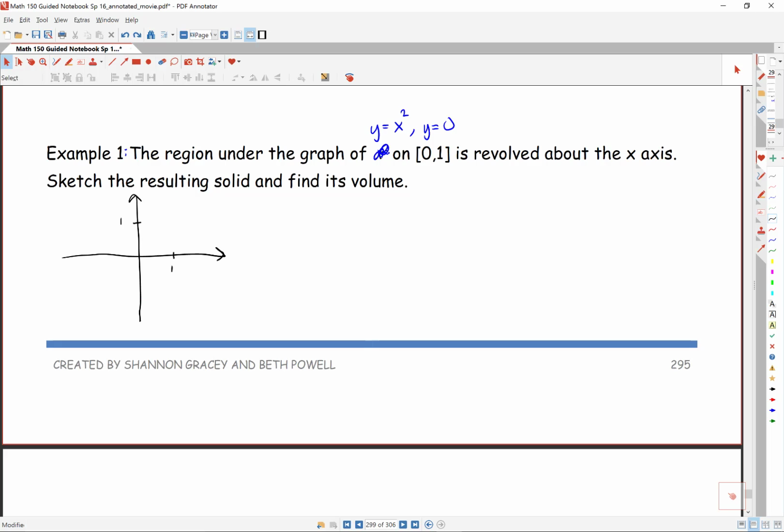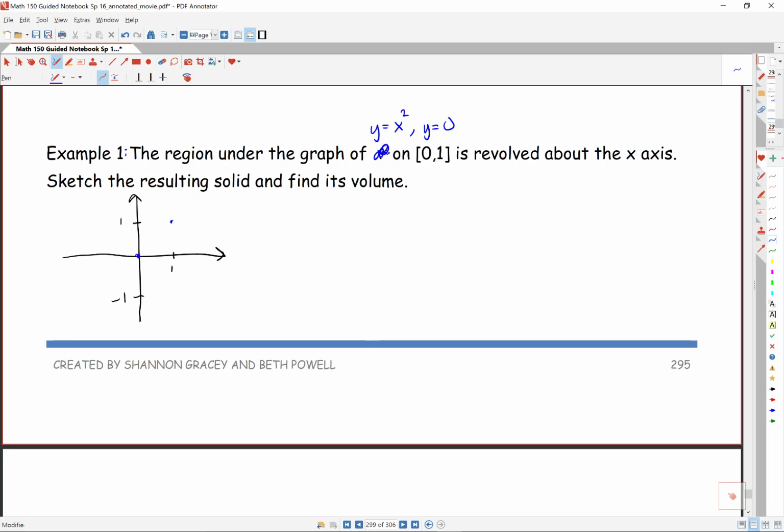So our graph of our region is going to be, we'll have a point at 0, 0, and we'll have an ordered pair at 1, 1. And at 1/2 we'd be at 1/4. So about here.